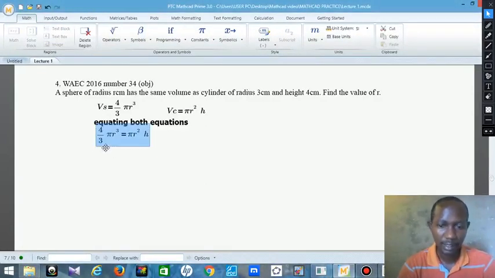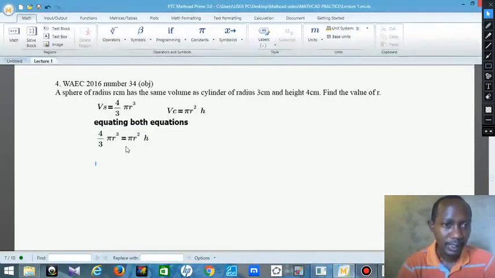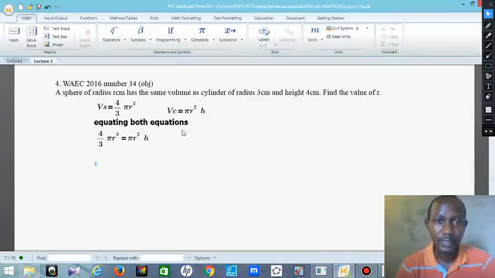Let me move it down a little. Then the next thing is, let's substitute the values of r and h for the cylinder, where r is 3 and h is 4.